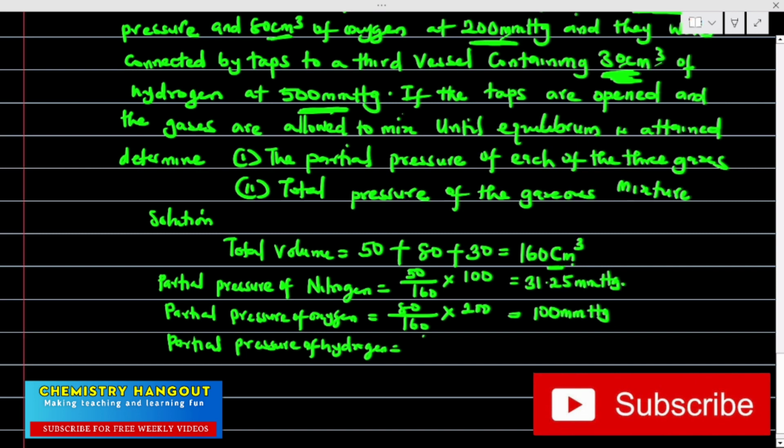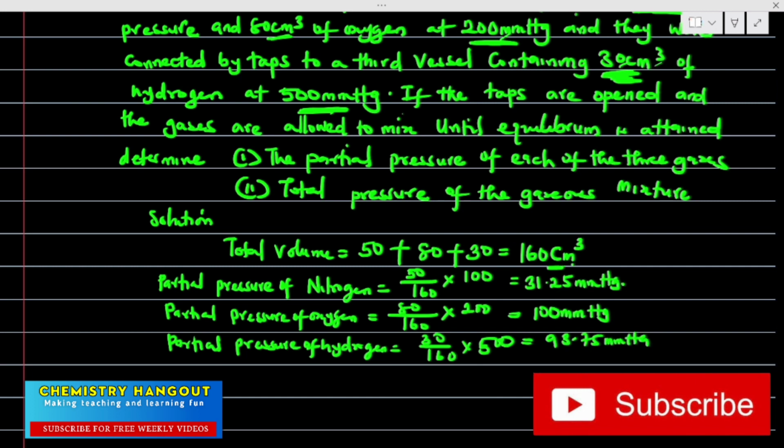That will be 30 times 500, divided by 160, that's 93.75. Can you see? So we are getting the partial pressure as asked in the first question. This will be 93.75 mmHg.